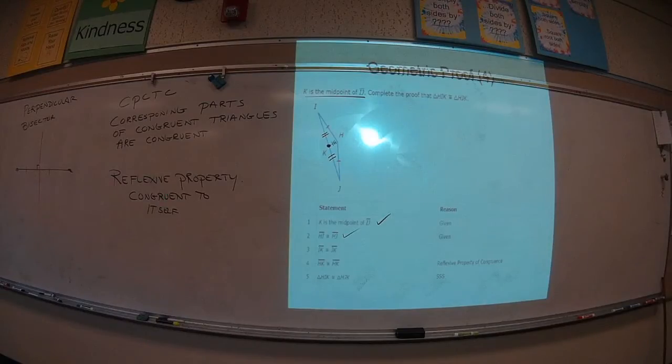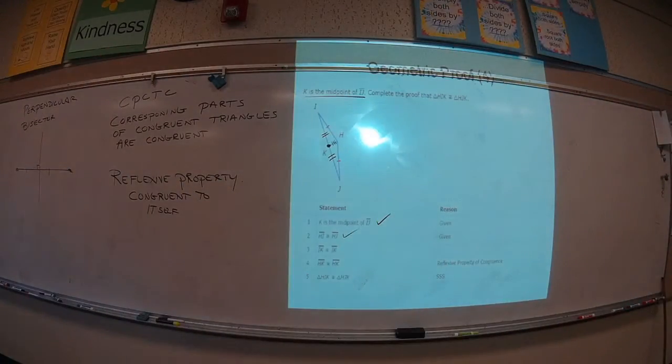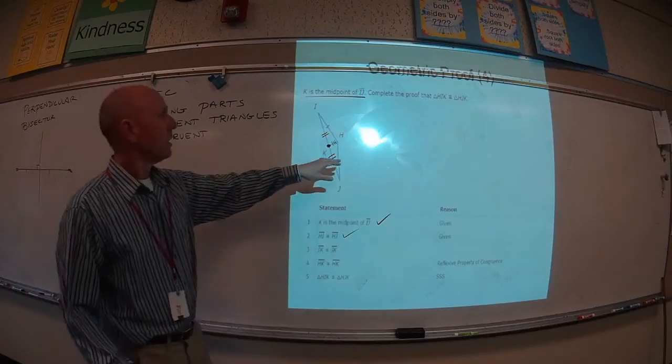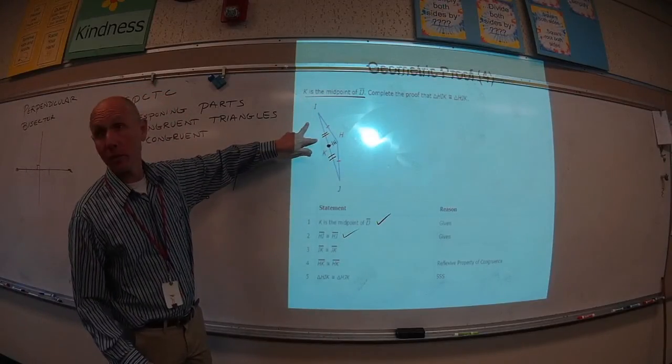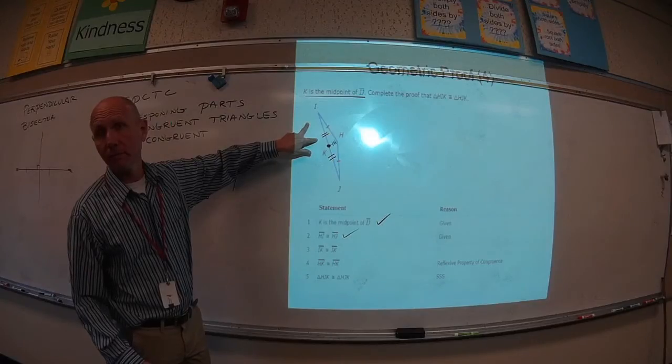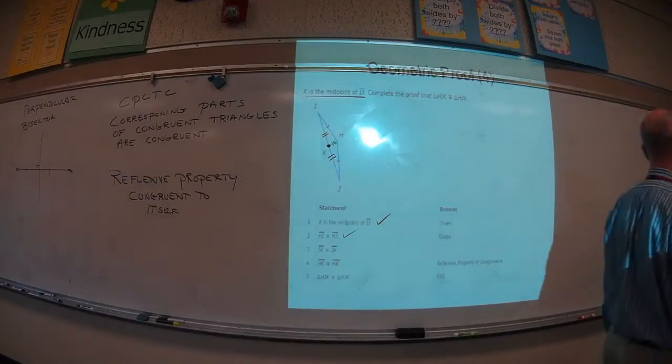Reflexive property. I spelled it really wrong. So now how can I prove that the triangles are congruent? Side, side, side. Brings it all together.